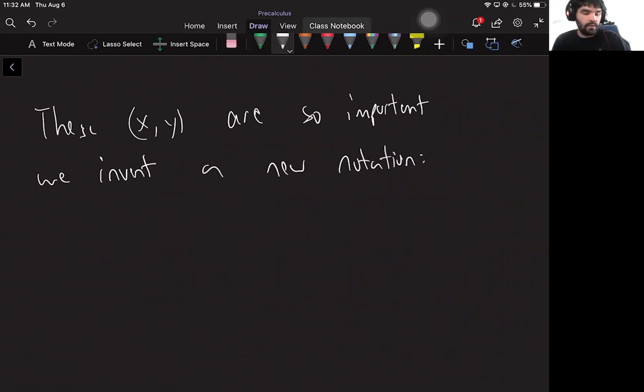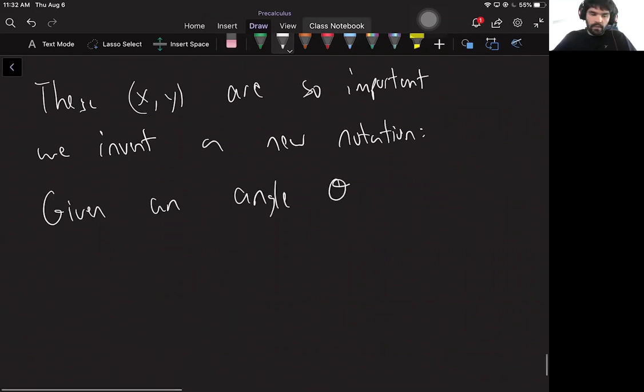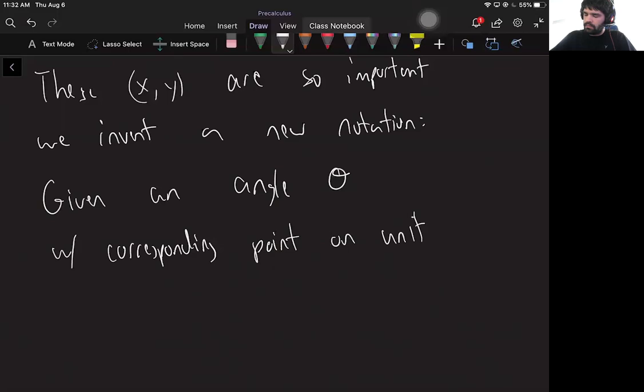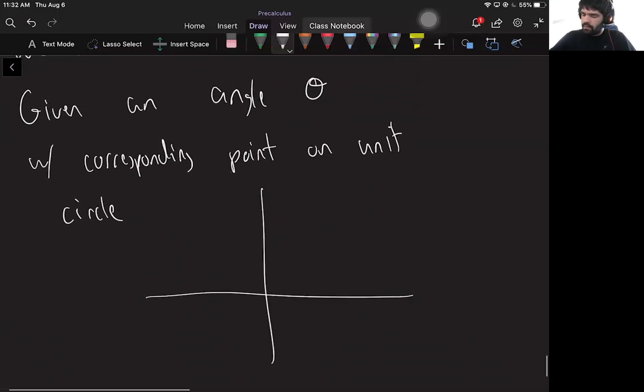Okay, so here's what we do. Given an angle, theta, with corresponding point on the unit circle, so we're in a situation like this.